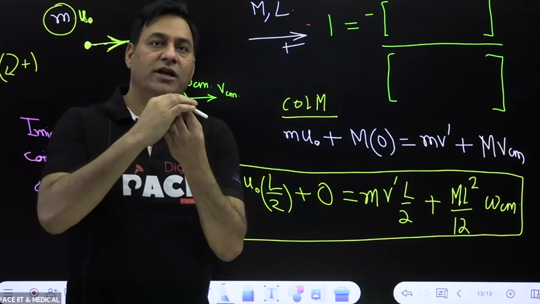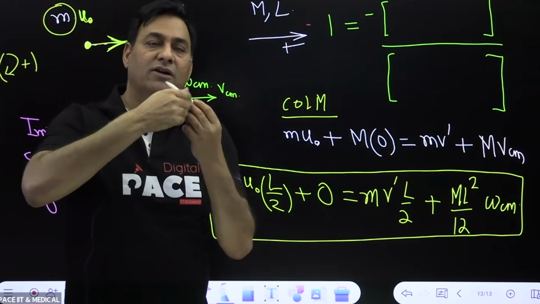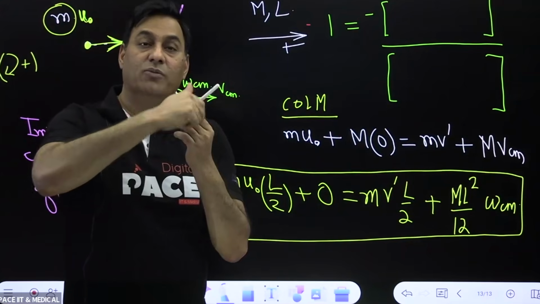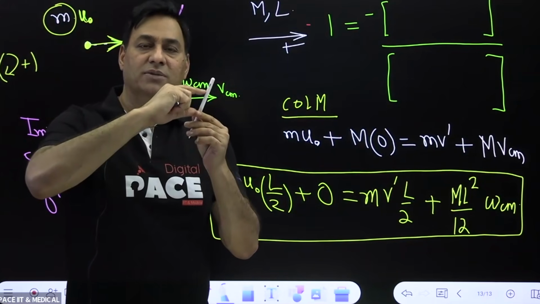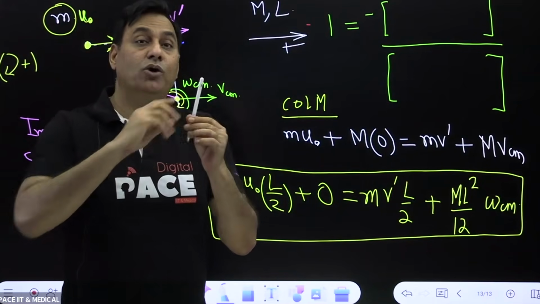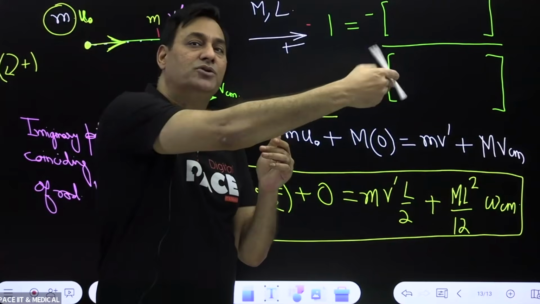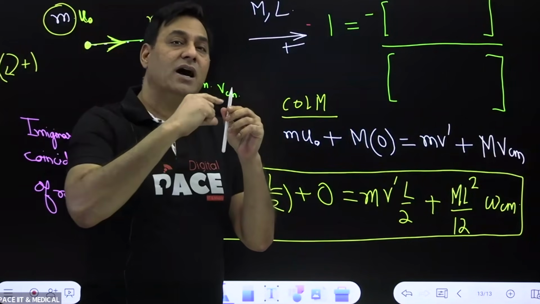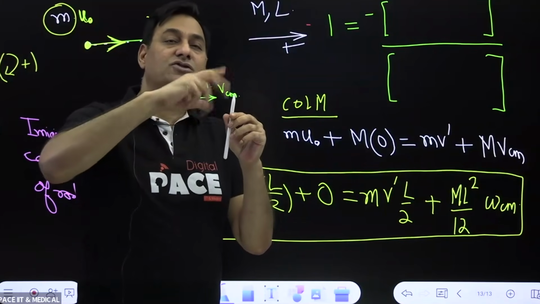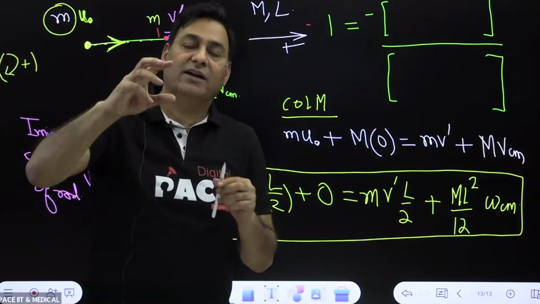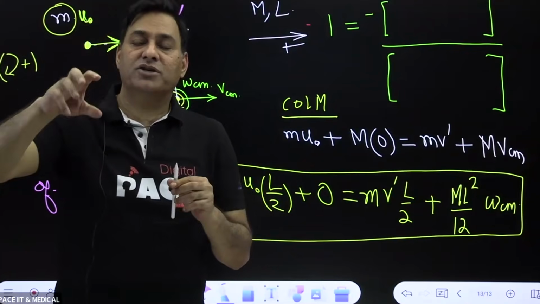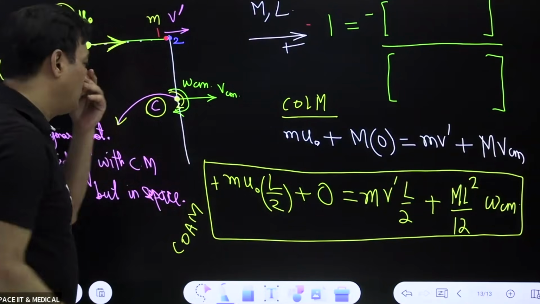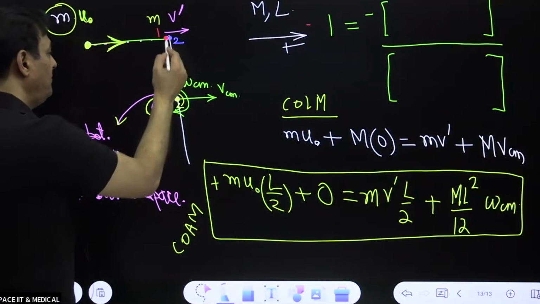If this rod is just rotating with angular velocity omega cm, every point will have r omega cm velocity, where r is that point's distance from the axis of rotation. If both things are happening, you will superimpose both motions. In vector form, you have V cm plus omega cross r, and adding these two in vector form, you will get the net velocity. This is called the principle of superimposition. I have taken a video lecture on that also. Please go to the YouTube channel and see that. I am going to use that.